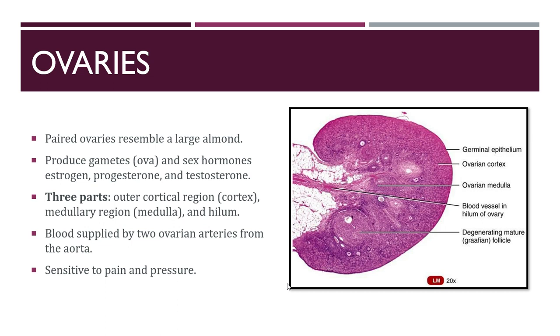And again, as we go through our courses, we're going to cover the pathophysiology too, but we need the A and P first, okay? All right, moving further up, the ovaries, they're paired and they're analogous to the testes. They do resemble a large almond, so they're not as big as testes, not at all. But they do a lot of work. There's millions of potential people in there, millions of potential eggs, okay?